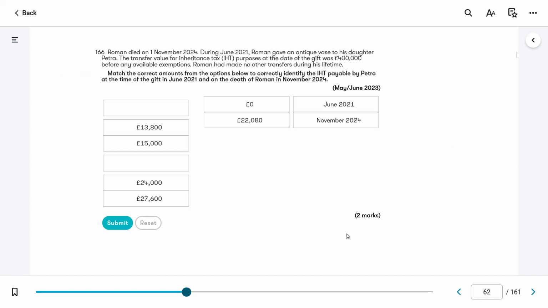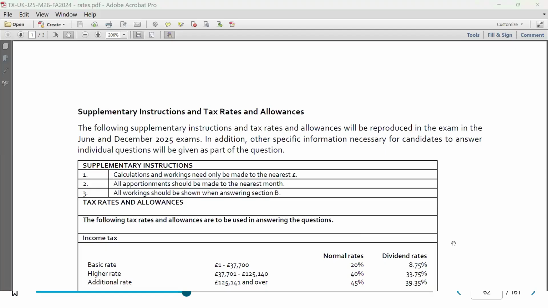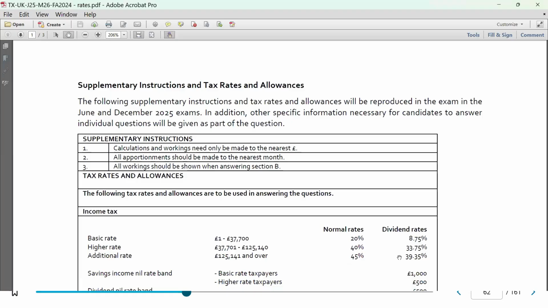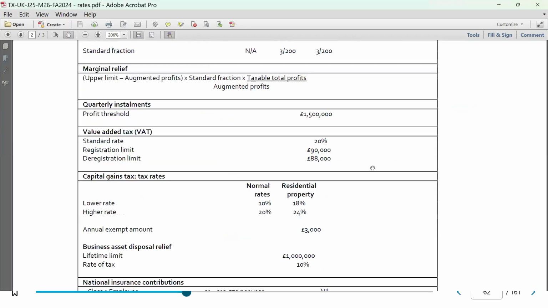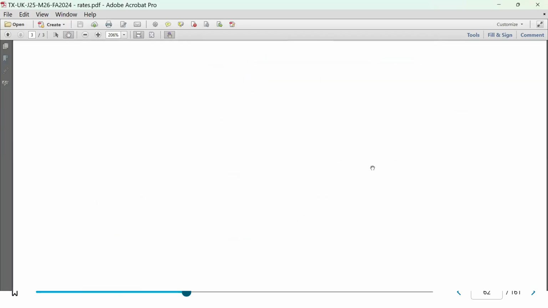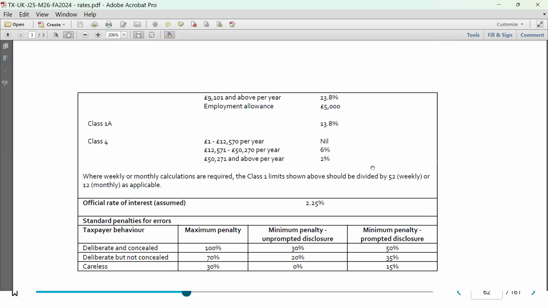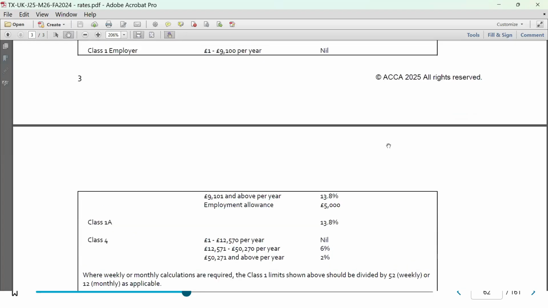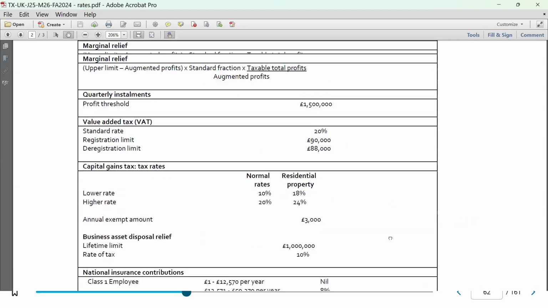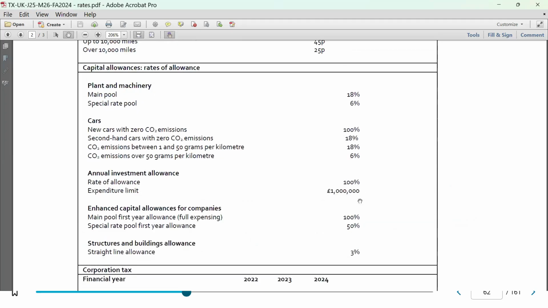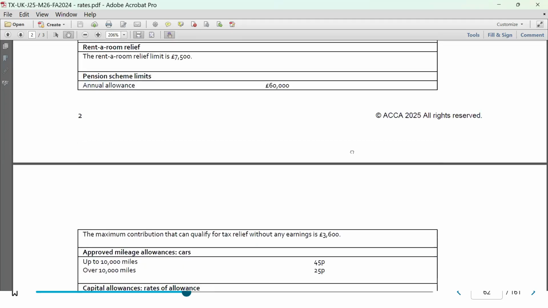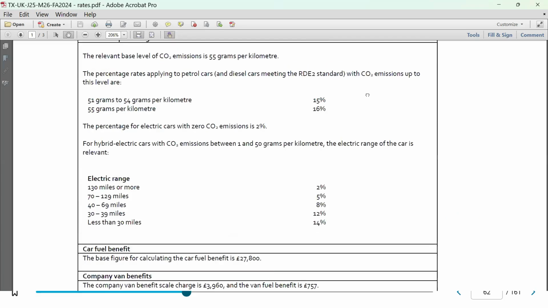I'm just opening the document so that you people could see. You see, these are the rates available in the exam. So the rate which is related to the inheritance tax will be available here, okay? So here we go. This might not be available in this document.